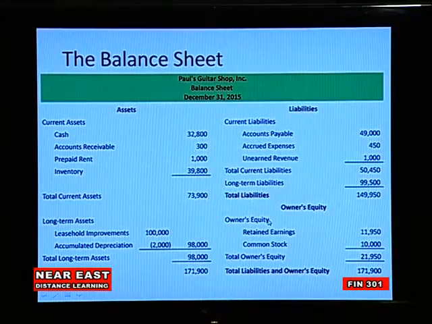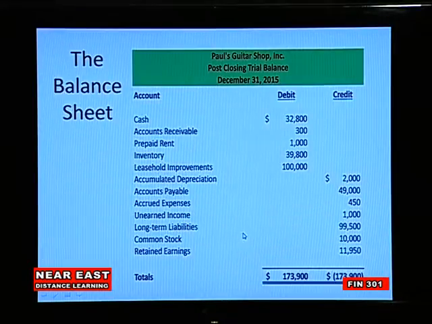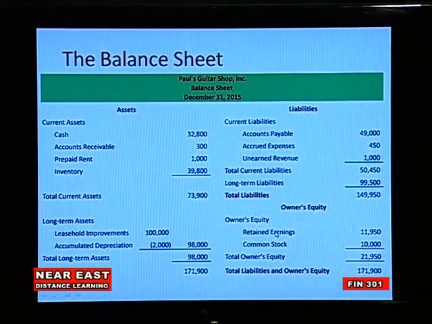The third section in the balance sheet is owner equity. Owner equity in this example includes retained earnings and common stock. After that, we will calculate total owner equity. Now, total liabilities plus total owner equity gives total liabilities and owner equity.